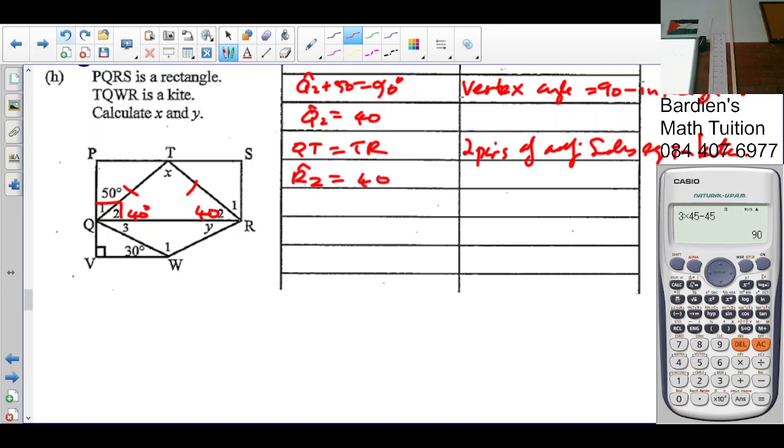Why? Angles opposite equal sides. Why did I need to say that TQ is equal to TR? Because that's not on the diagram. So x plus 40 equals 180. Why? Sum of triangles, and it's triangle TQR. So x is equal to 180 minus 40, which is 100 degrees.